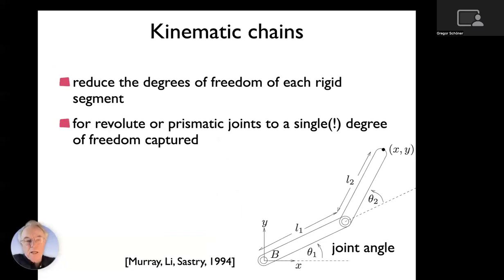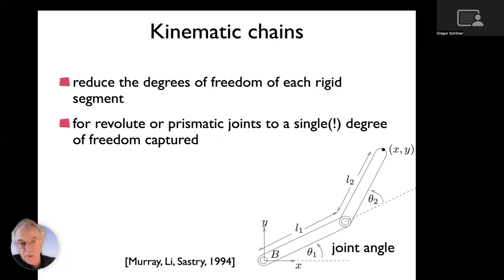Yeah, and so they are then chained up into kinematic chains. So one rigid body connects to the next, to the next, and next. Here's a minimal kinematic chain of just 2 such joints, and each segment has then fewer degrees of freedom than if it was an independent rigid body.